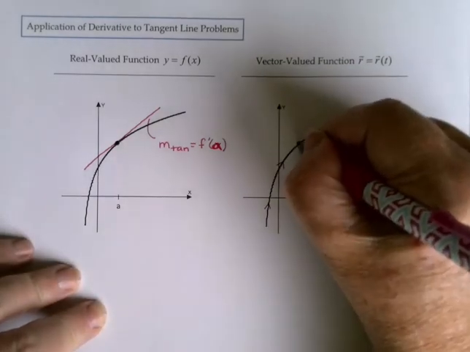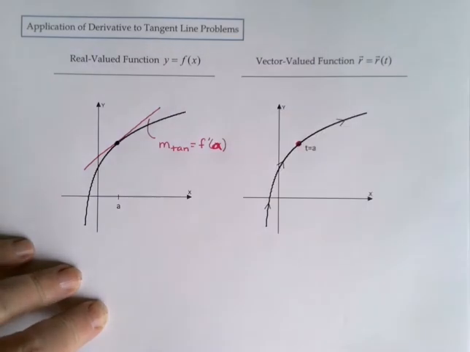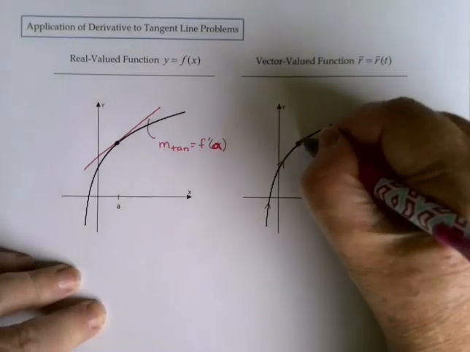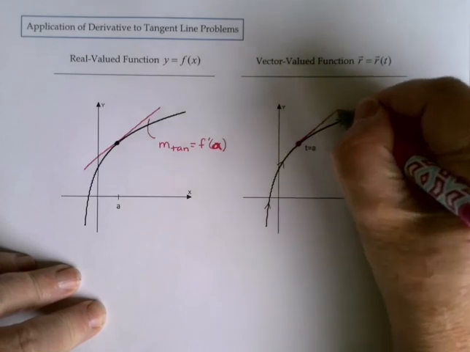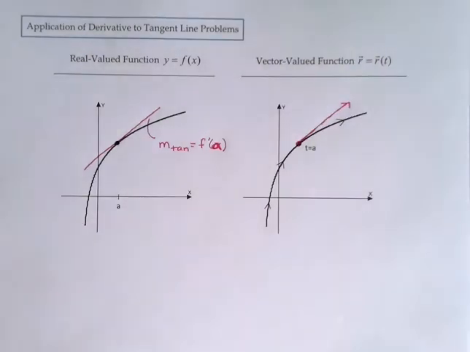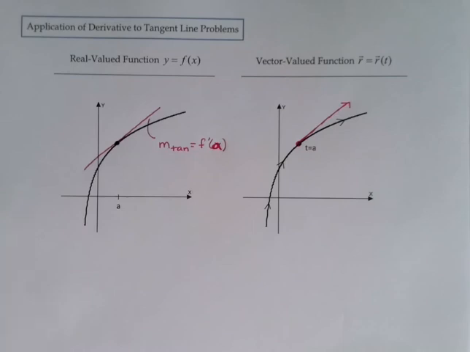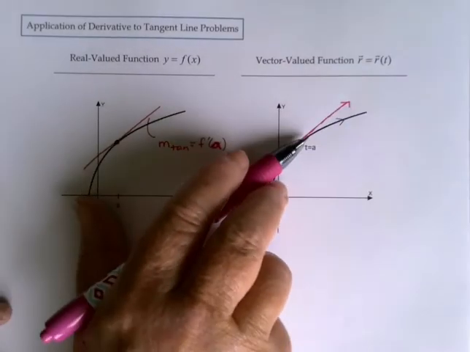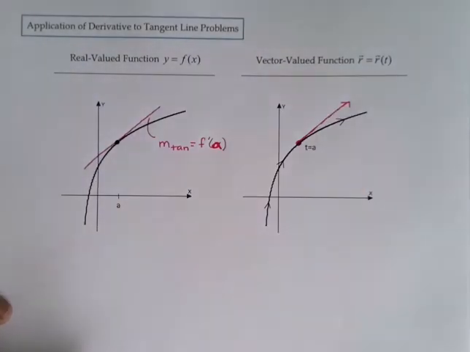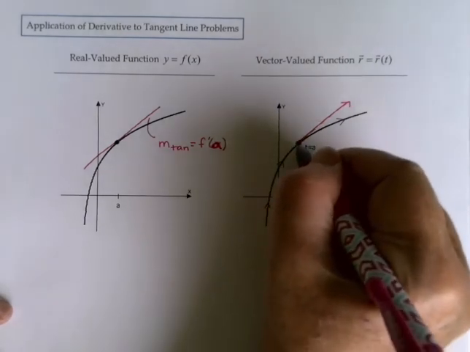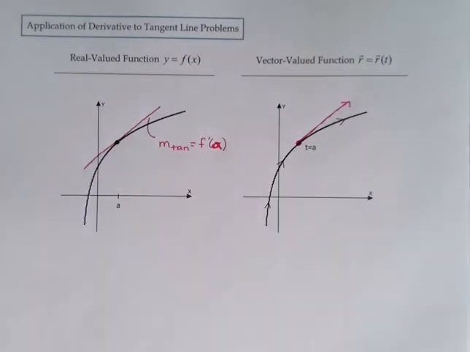So starting here at the point where t was equal to a, I'm going to sketch in a tangent vector. Okay. Again, it points this way because the curve was going that way. If my parameterization had gone the other way, I would have drawn the opposite tangent vector. Tangent vector points in the direction of motion.